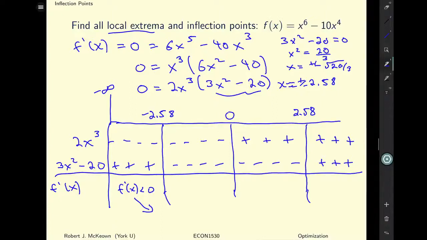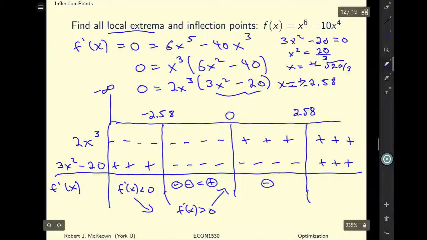Then after, when x is larger than negative 2.58, we get a negative times a negative, which is equal to a positive. The function is increasing because the first derivative is greater than 0. Over here, we've got a negative, so it's decreasing again. And then over here, we've got a positive.